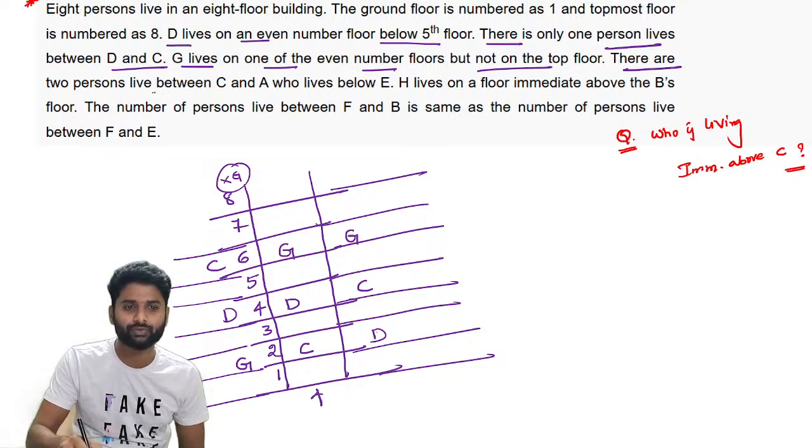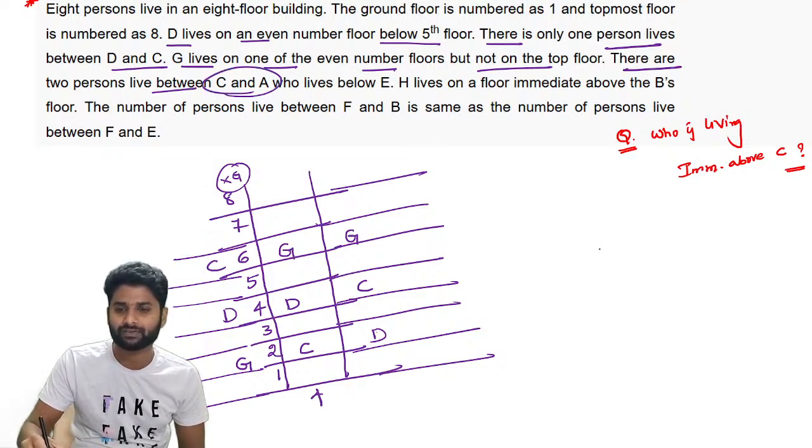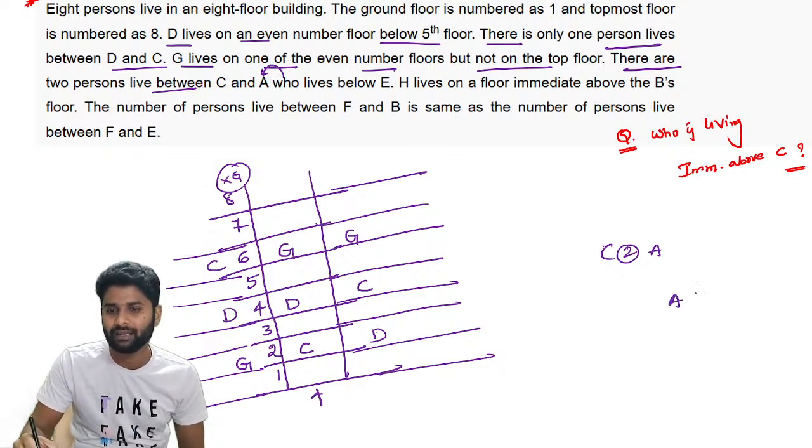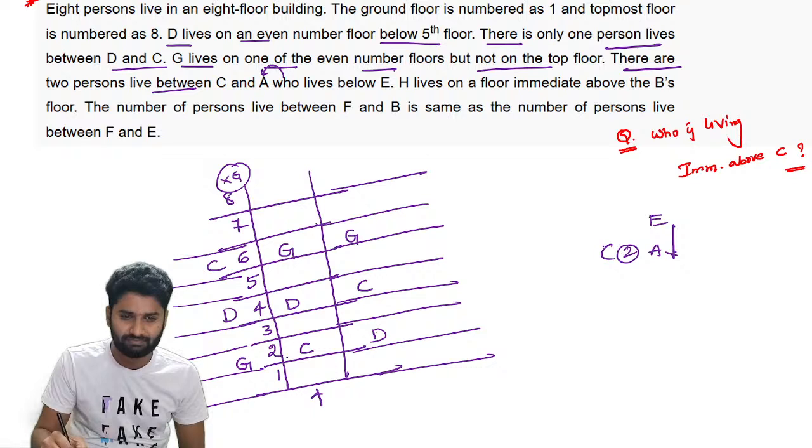So there are two persons between C and A. And they clearly mention, they're talking about A, that A lives below E. Guys, you have to place A below E. Now let's check with this condition. Two floors means in this possibility here it is C, right? One, two floors, you can leave A here.